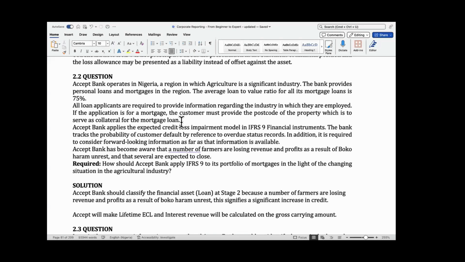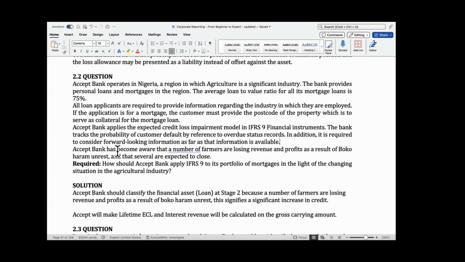Okay. Asset Bank applies expected credit loss model in IFRS 9. The bank tracks the probability of customer default by reference to overdue status records. In addition, it is required to consider forward-looking information as far as that information is available.